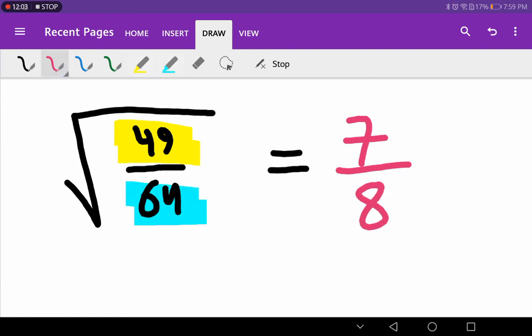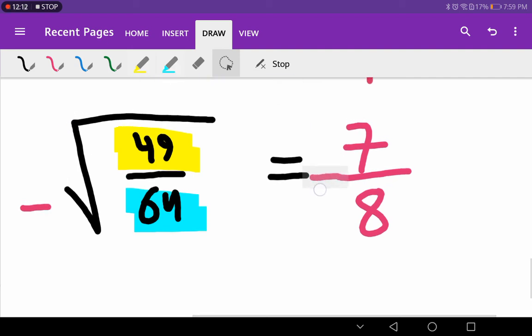Great. Teacher, if I have a negative here, this will move here. Okay, it will be negative. My dear student, if I have negative and positive here, it will be negative and positive here. Are you happy?